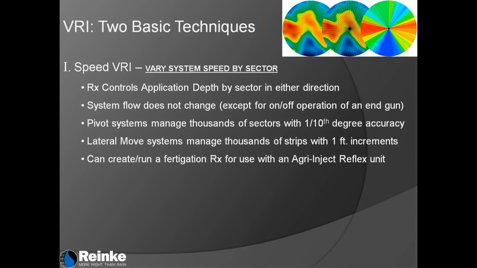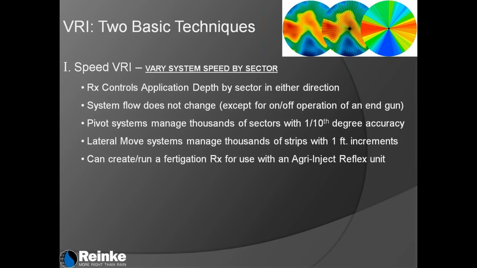Lateral move systems, on the other hand, we're working with strips, so as they move every foot, you can change the prescription in those 1-foot increments. A little reminder here that initially when we introduced our VRI to the public in 2013, we only offered that to our pivot systems. So it was only when we introduced an update in 2015 that we also included the lateral move ability to do VRI.